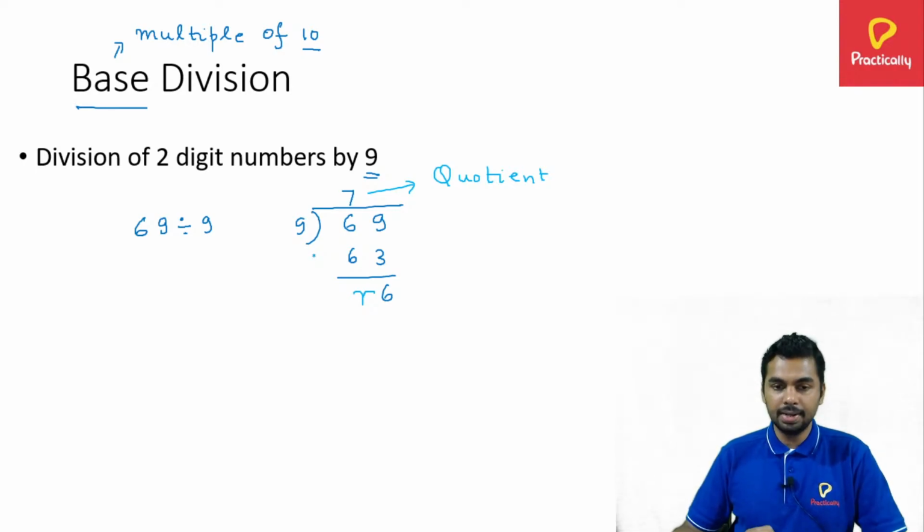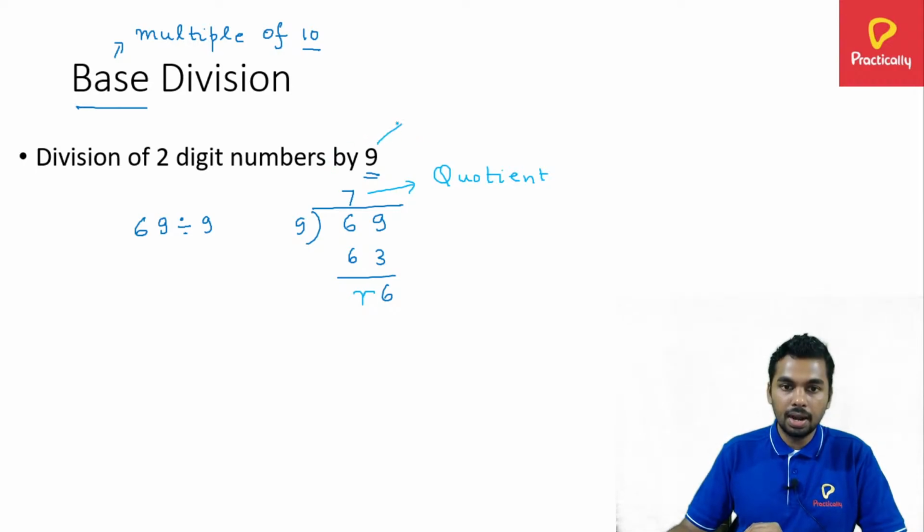So it's very direct. You just have to identify that 9 is close to the base 10 and can be written as 10 minus 1.